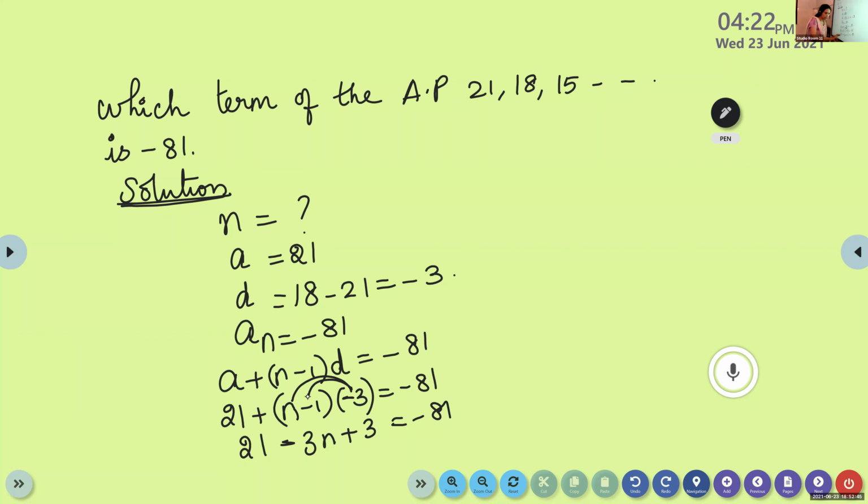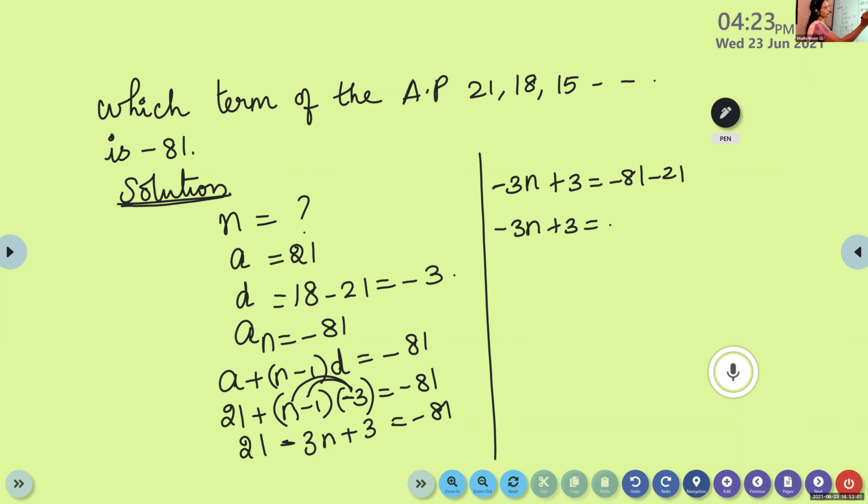Now +21, we take it to the other side. So we will get -3n plus 3 is -81 minus 21, so -3n plus 3 is equal to -102. Both are negative, so we can add.